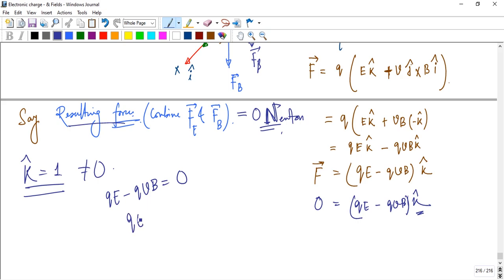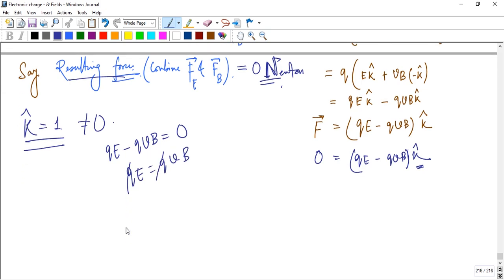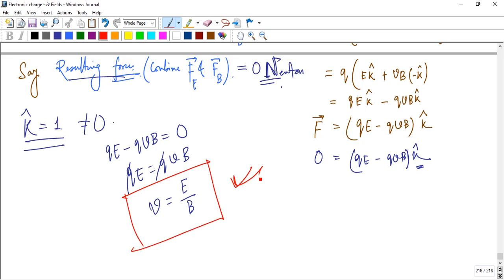So Q E equals Q V B, the Q cancels, and the velocity equals E by B. That's a very important equation we derived. The velocity is the ratio of the electric field to the magnetic field.